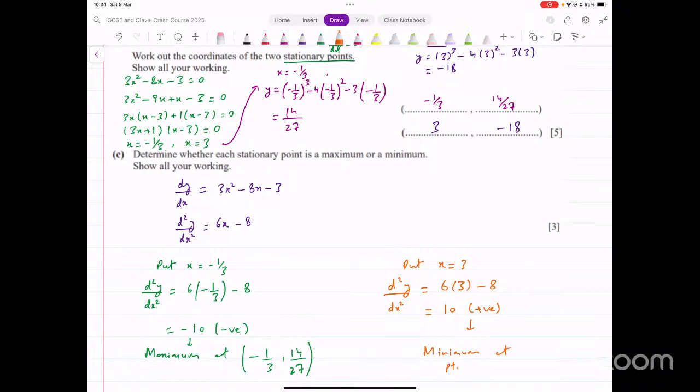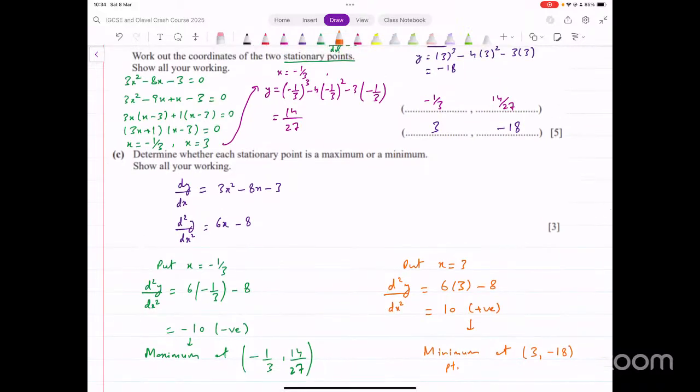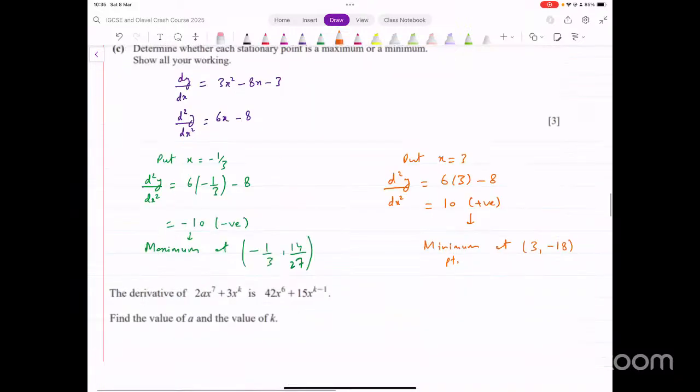It's a minimum point when x is 3 and y is minus 18. Okay. So negative second derivative means you have a maximum. Positive second derivative means you have a minimum point. All right, let's move on.